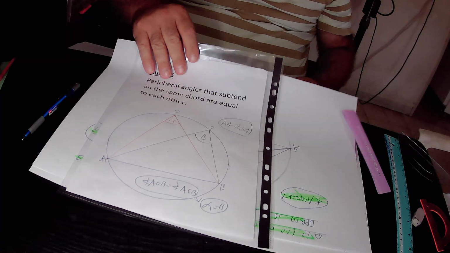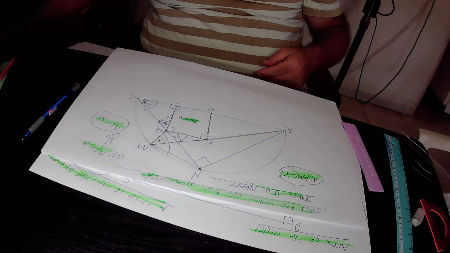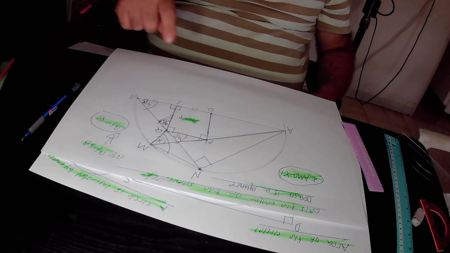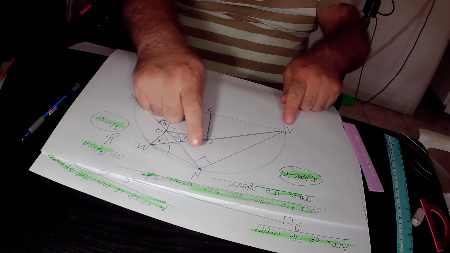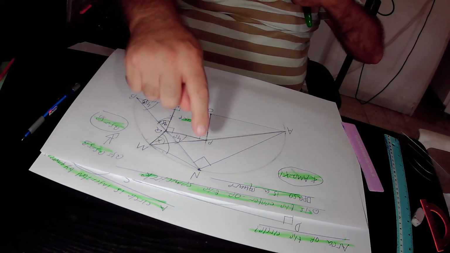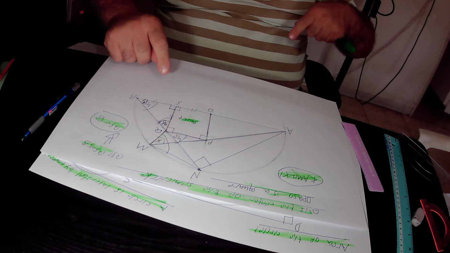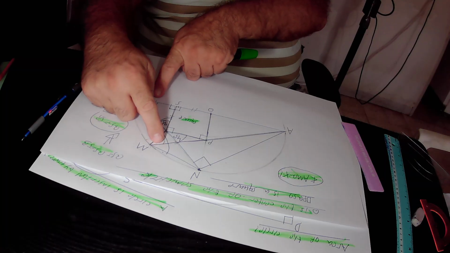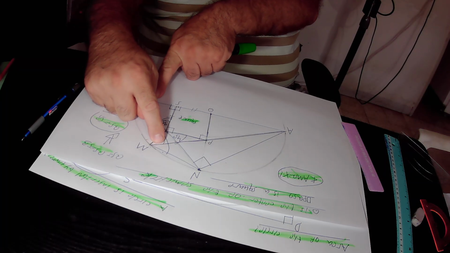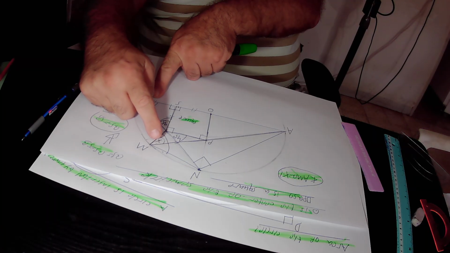So we can implement rule 16 in our drawing, because we have peripheral angle NBA that subtends on chord AN, and peripheral angle NMA that also subtends on the same chord AN. Therefore peripheral angle NMA must be equal to 45 degrees in its size.